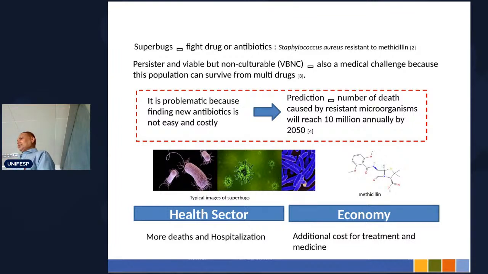Because of overuse of antibiotics, bacteria are becoming resistant against existing antibacterial drugs. So it is very important. It is creating stress in the health sector, causing more deaths and also hospitalization, cost of hospitalization, and also hurting the economy. Working people cannot work properly, so the economy will also suffer. And there is additional cost for treatment, so health insurance companies or the government have to pay.